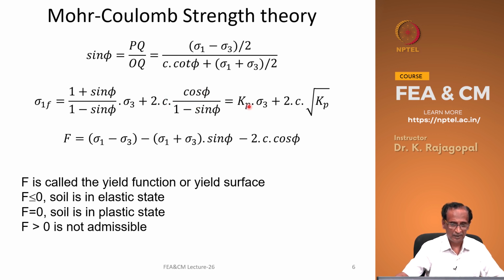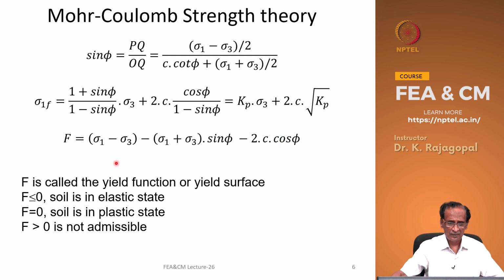This (1 plus sin phi) by (1 minus sin phi) is our passive pressure coefficient Kp, and this term cosine phi by (1 minus sin phi) is the square root of Kp, and we can define a yield function or yield surface f by slightly reformulating this like this: sigma 1 minus sigma 3 minus (sigma 1 plus sigma 3) sin phi minus 2c cosine phi.